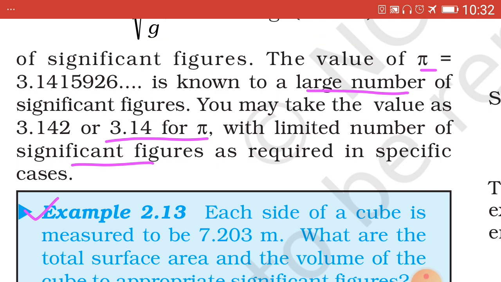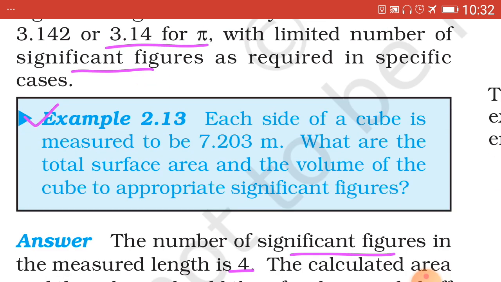Generally 3.14 or sometimes 3.142. 3.142 has 4 significant figures and 3.14 has 3 significant figures, limited significant figures. Generally we take 3.14 for pi.